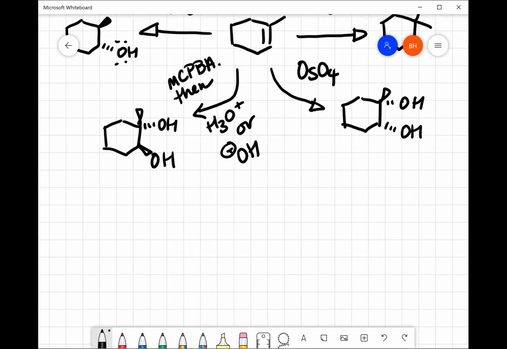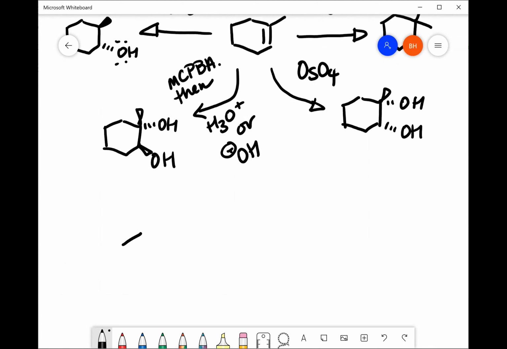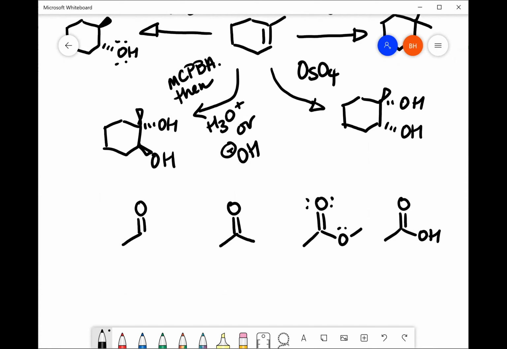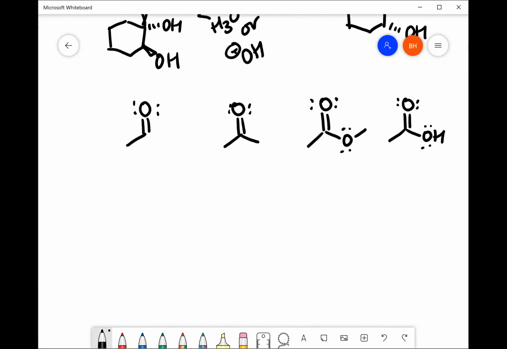The new way that we learned was basically through the various carbonyl compounds. And I'll put carboxylic acids here too. There's sort of a dividing line right here between these guys.